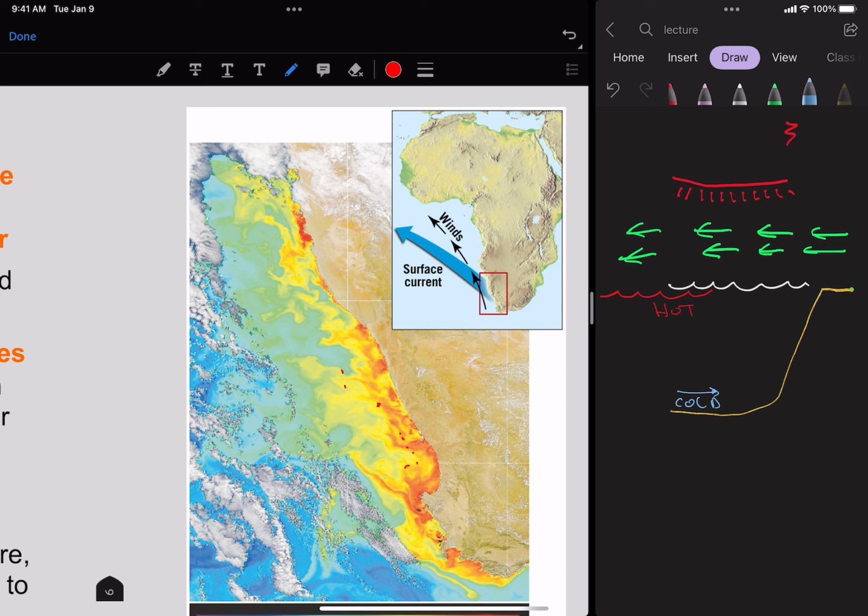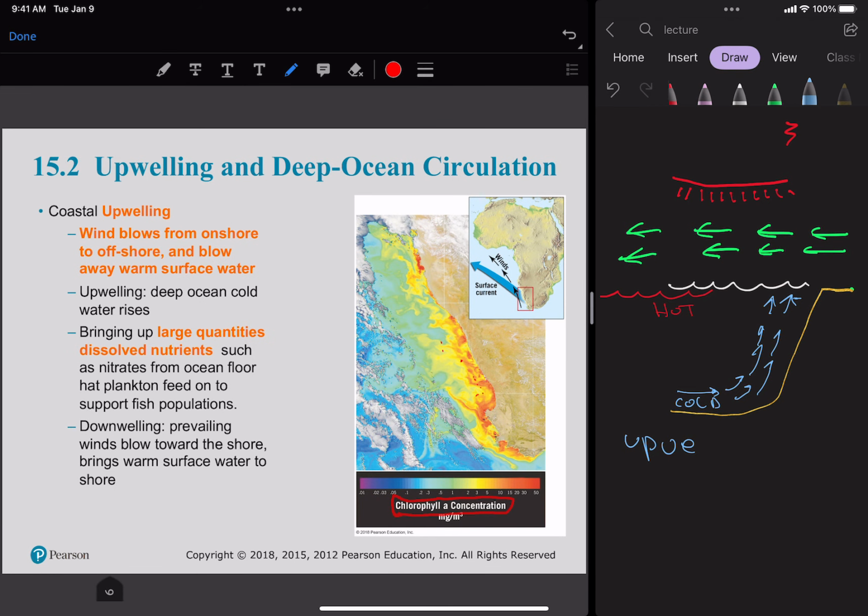And that warm water then is going to get replaced by cold water that's going to be sucked up from the bottom of the ocean towards the surface. So the cold water is going to flow up to the surface here. So this is called upwelling.